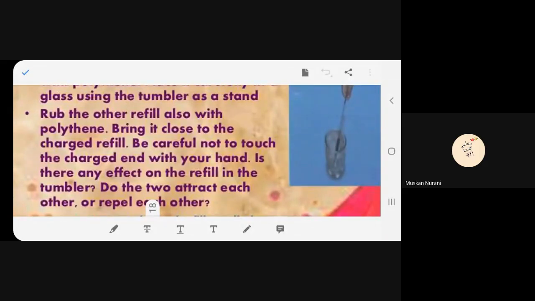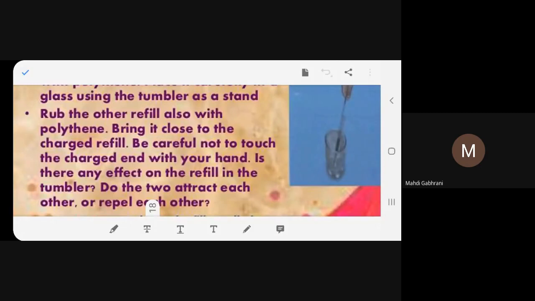So, will it develop the same charge or different charge? Do you understand what I am asking? You have charged the refills, you are bringing those refills together. Will the refills repel or attract?